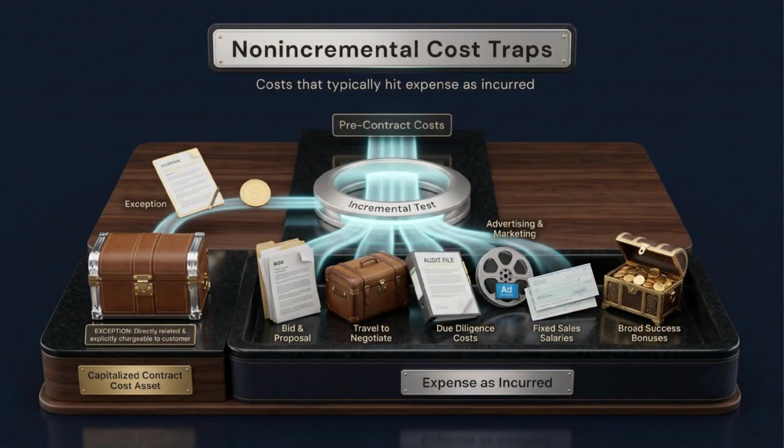Now, let us look at common traps: bid and proposal costs, travel to negotiate, due diligence costs, advertising, marketing, fixed sales salaries, and broad success bonuses are usually expensed as incurred because they are not incremental to a specific obtained contract. They generally would be incurred whether the customer signs or walks away.